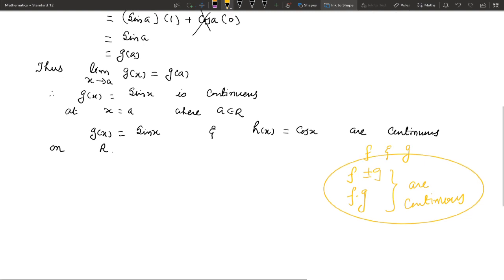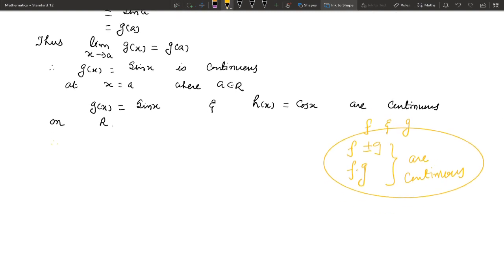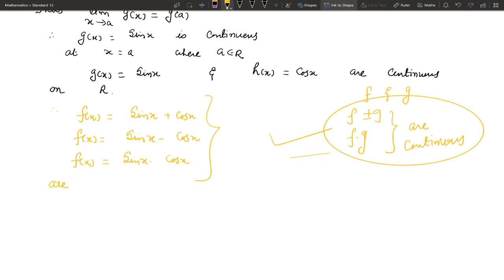So using this, therefore f of x equal to sin x plus cos x, f of x equal to sin x minus cos x, and f of x equal to sin x into cos x, all are continuous on R using these properties.